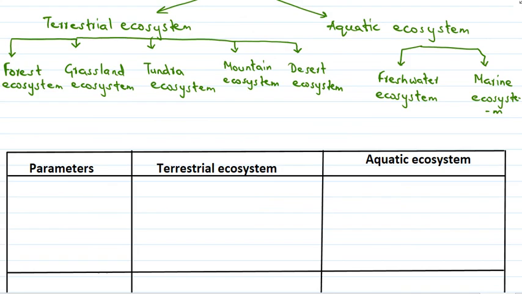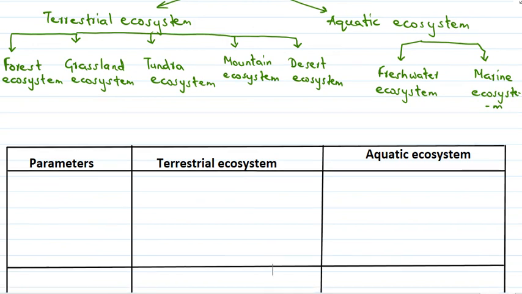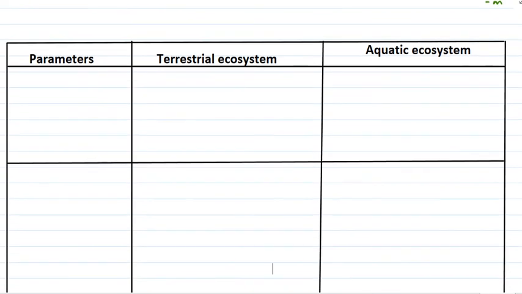Okay, so now let's see how we can differentiate terrestrial ecosystem and aquatic ecosystem. So the first parameter that we would consider here is the type. So as we already discussed, terrestrial ecosystem is what?